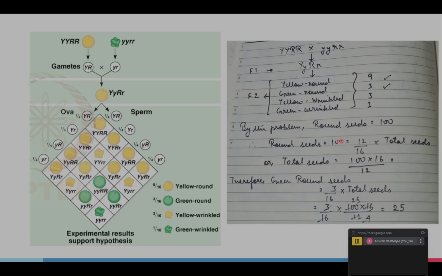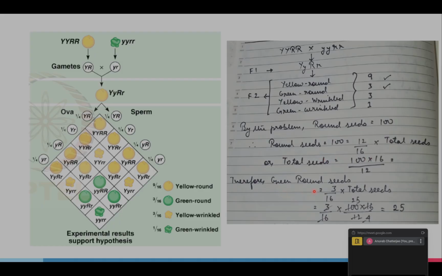So 100 round seeds equals 12 by 16, the ratio of round seeds to total seeds, multiplied by the total number of seeds. The total number of seeds is just basic maths, 100 times 16 by 12, but I did not calculate because this is not what we need.